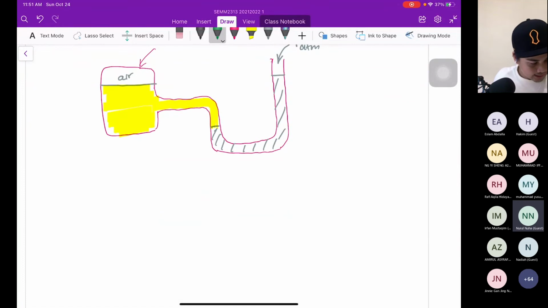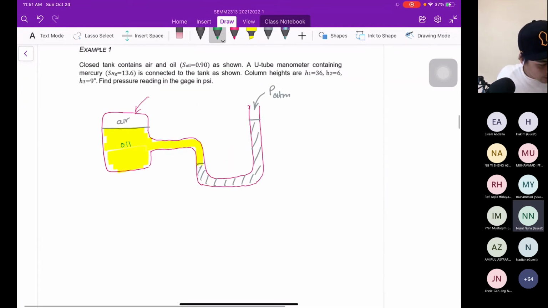So how to do this? Okay, this is oil. Right, and it is given that H, from here to here, 36. H1 here, H2 here.